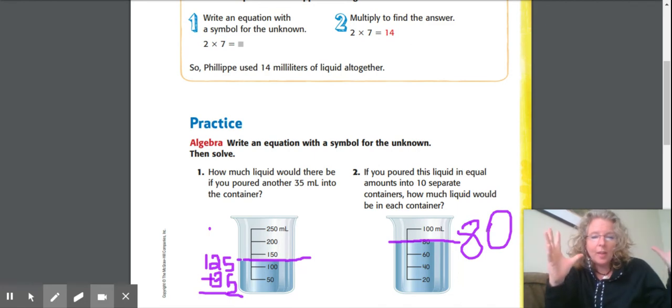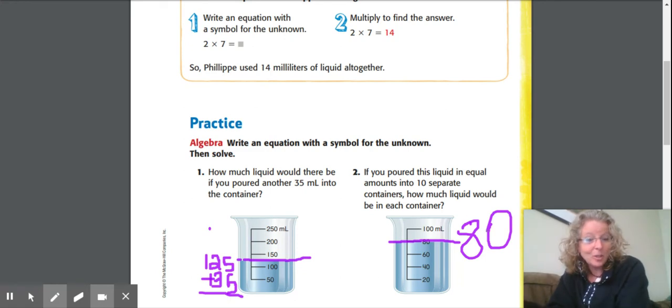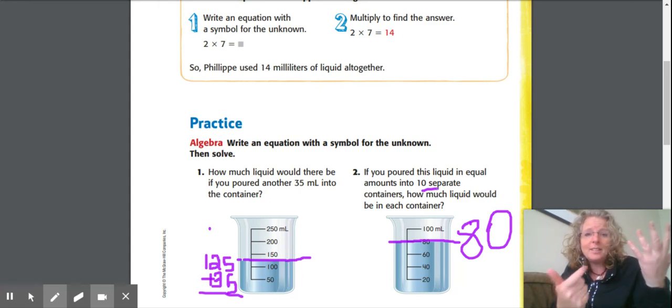So we're going to start with 80 and we're going to put it into 10 smaller containers. What operation is that? Division. Okay, 80 divided by how many? That would be 10. And I'm just going to reverse it, because I'm better at counting by my tens. 10, 20, 30, 40, 50, 60, 70, 80. It would be 8 milliliters.